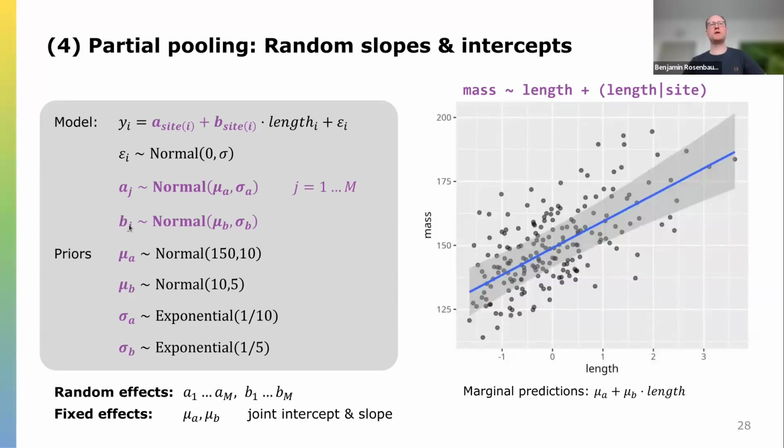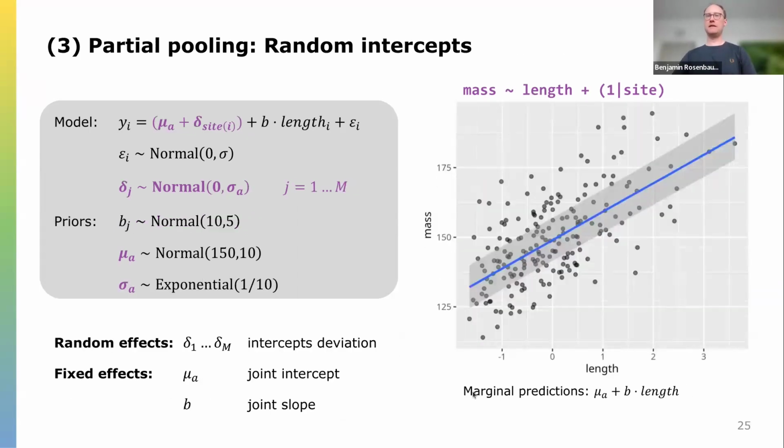So also the slopes now come from a normal distribution where their joint mean and their joint standard deviations are model parameters and are estimated in the MCMC in the model fitting process. And now this mean of the intercepts and this mean of the slopes gives me these regression lines for the marginal prediction, right? So marginalizing or averaging over sites.